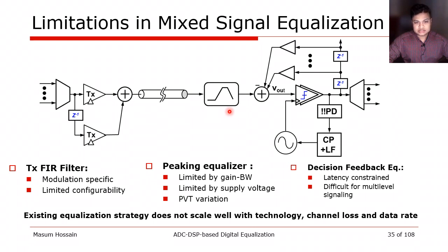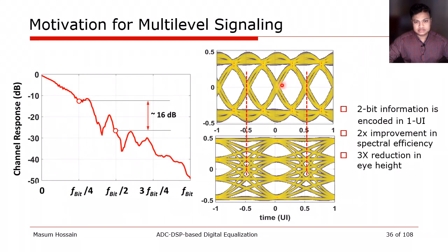On the receiver side, CTLE is limited by its gain bandwidth, and that is not scaling well in terms of analog performance. We do have digital equalization in the form of DFE, but the sum node's limited bandwidth, linearity, and this loop latency maintenance is becoming more challenging. In addition to these challenges, we also see a trend moving towards multi-level signaling.